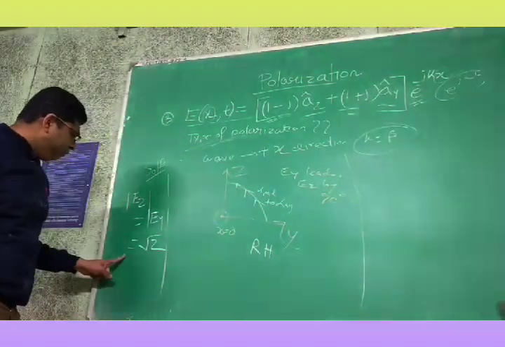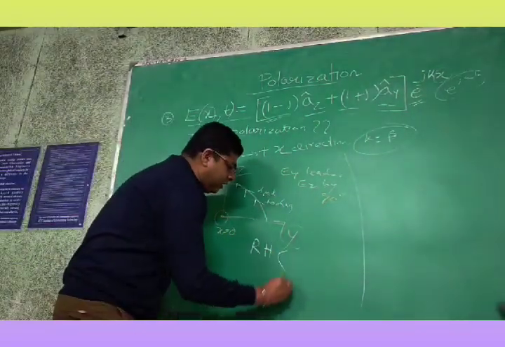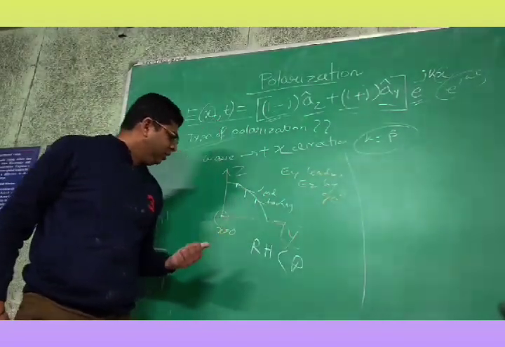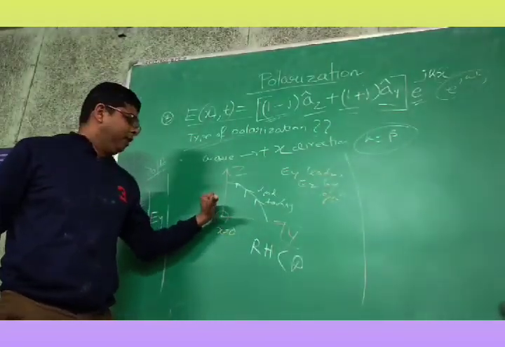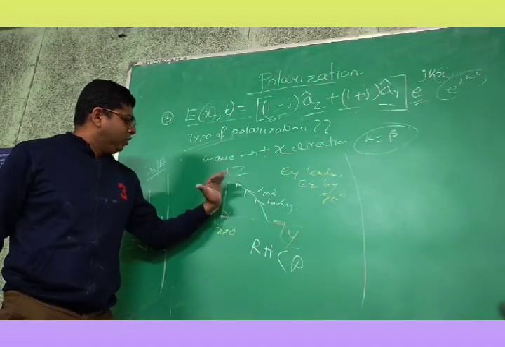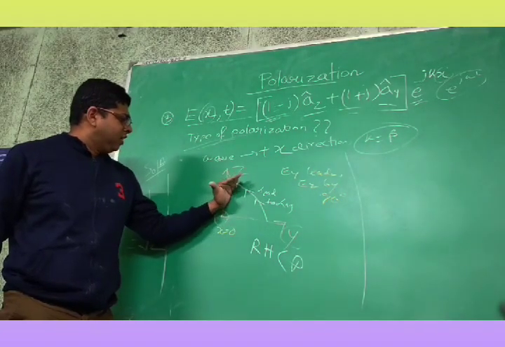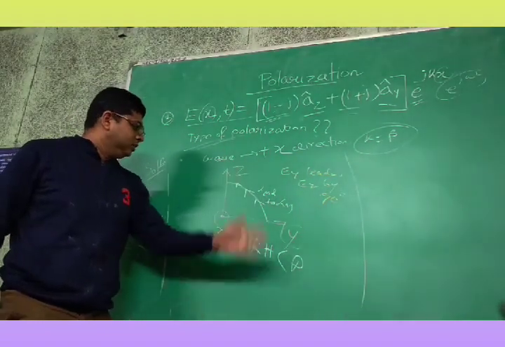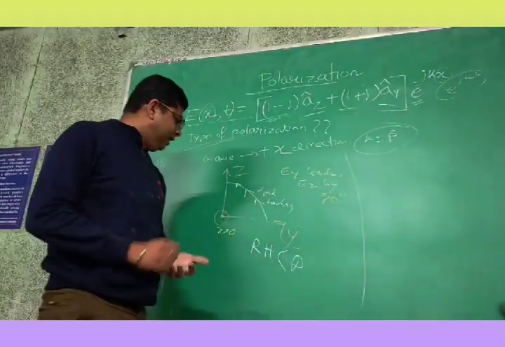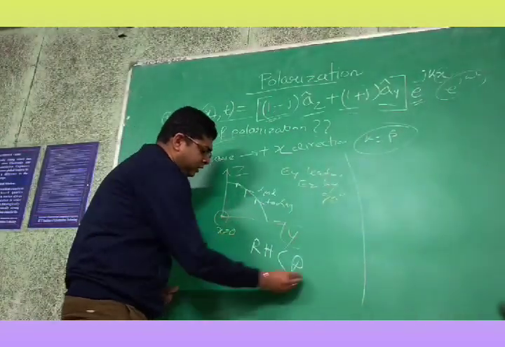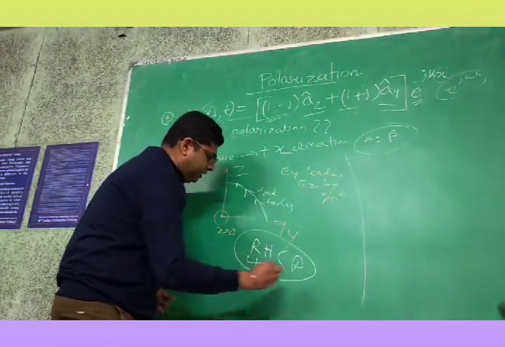If you want, you can check with the left hand also. With the propagation direction plus X, the movement of my fingers is not matching this plot. So this is not left-handed. It is mapping with the right hand, so this is right-handed circular polarization.